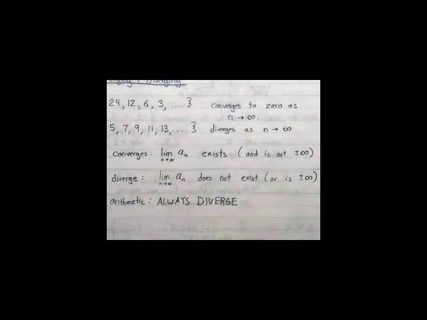So it's always going to skip over whatever number it might be approaching. It's just going to keep getting bigger or keep getting smaller, and it's never going to slow down and approach a number at all. So for arithmetic, they will always diverge. They will always either be positive infinity or negative infinity as n goes to infinity.